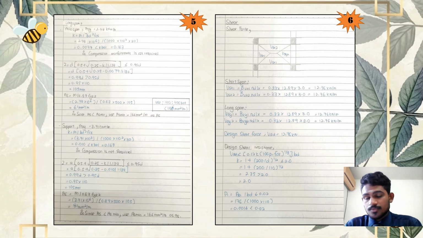So the P1 that we are going to find is AS1 divided by BD. The value must be less than 0.02. So the P1 that we get is 0.0016, and it is still less than the original value 0.02.